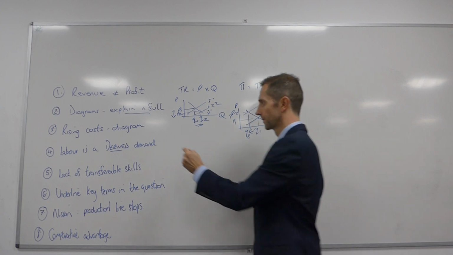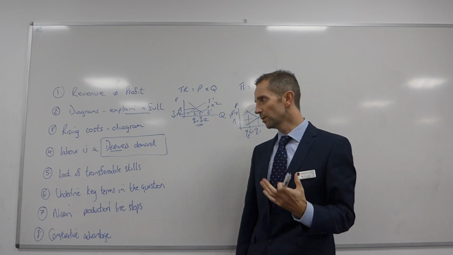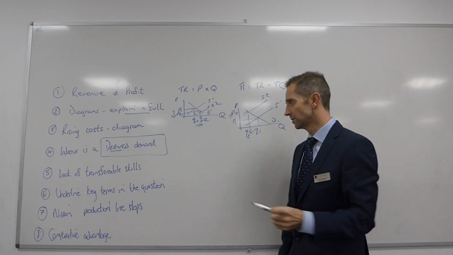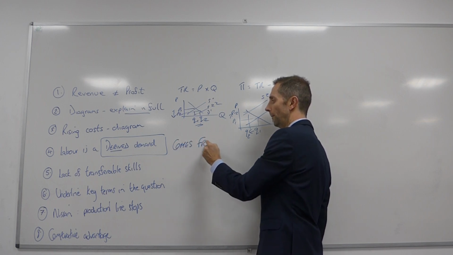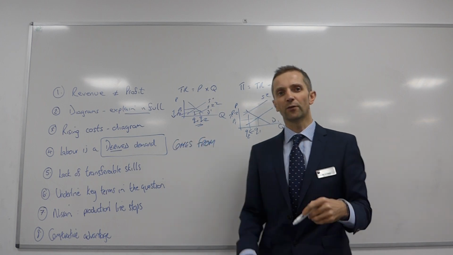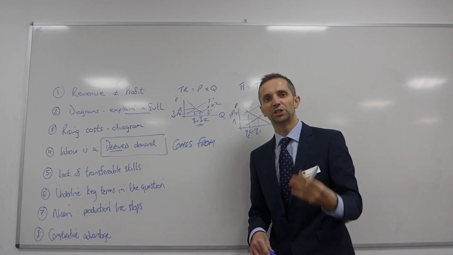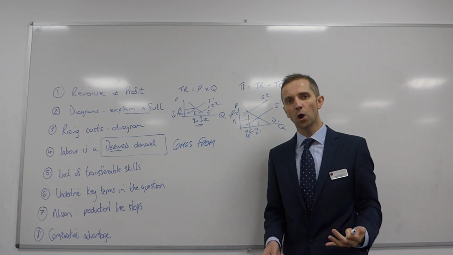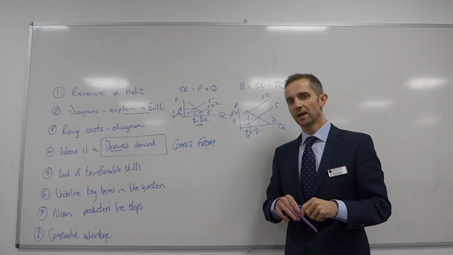Point number 4. Not something we've mentioned, but this whole notion of labour being a derived demand. Now, other words for derived would be comes from. So the demand for shipbuilders comes from the demand for ships. The demand for homes comes from consumers.